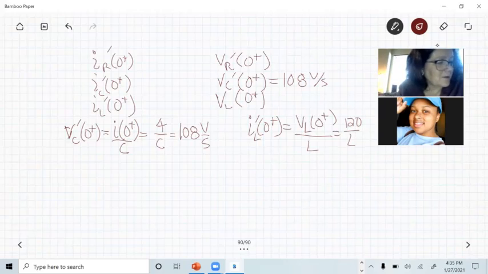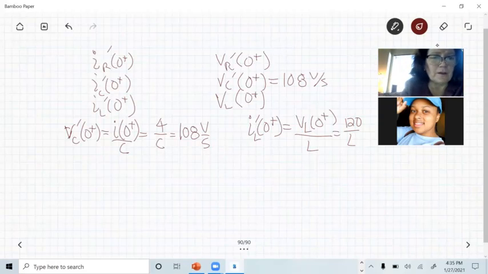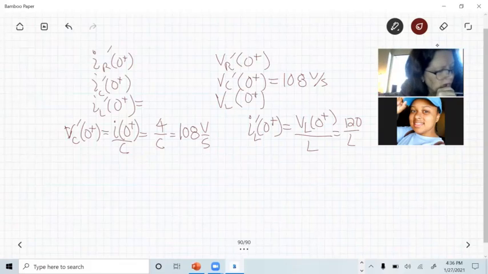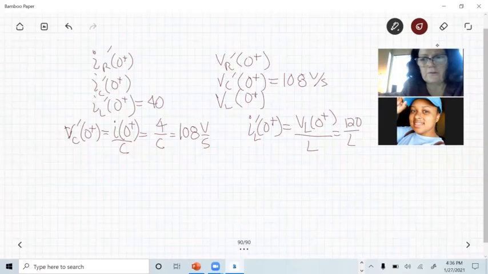Where is it on here? It's 120. Oh, it's 3 henries. So it's minus 40. Wait, why was it minus? No, it's positive. I'm right. It's 40. It's a rate of change of current, so it's going to have units of amps per second. Okay.